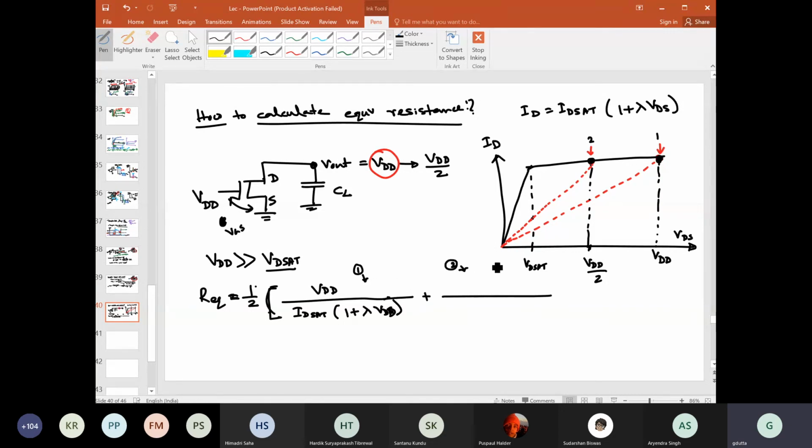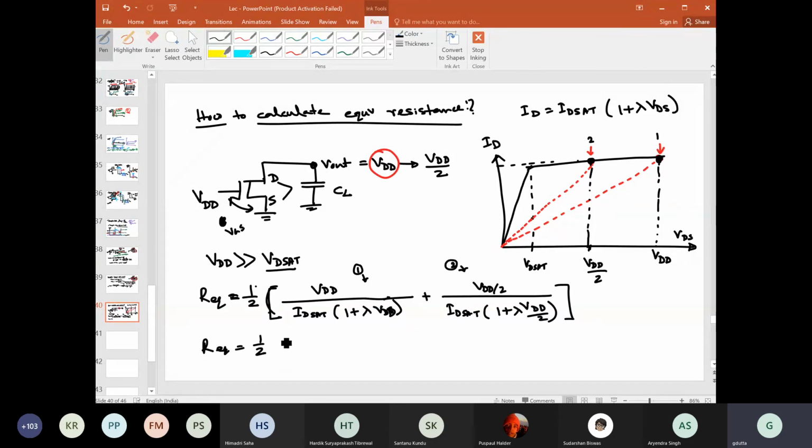For point number 2, what will be the resistance? It is VDD by 2, the voltage dropped across these two terminals, and the current flowing through is ID sat into 1 plus lambda VDD by 2. You can use a Taylor series approximation on that to simplify this equation.